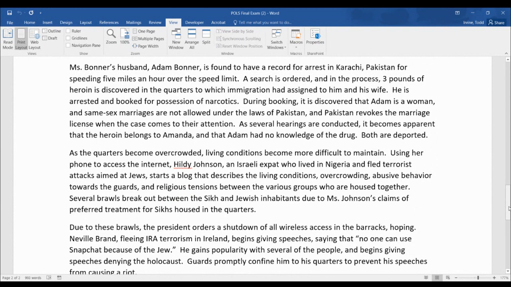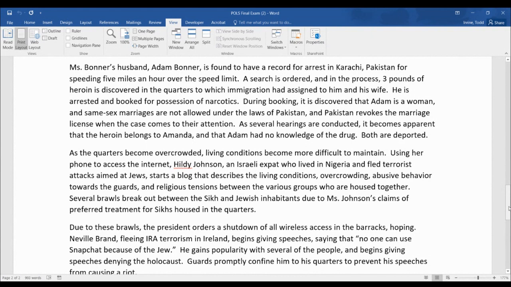All right. Ms. Bonner's husband, Adam, is found to have a record for arrest in Karachi, Pakistan for speeding 5 miles an hour over the speed limit. A search is ordered, and in the process, 3 pounds of heroin is discovered in the quarters to which immigration has assigned him and his wife. He is arrested and booked for possession of narcotics.